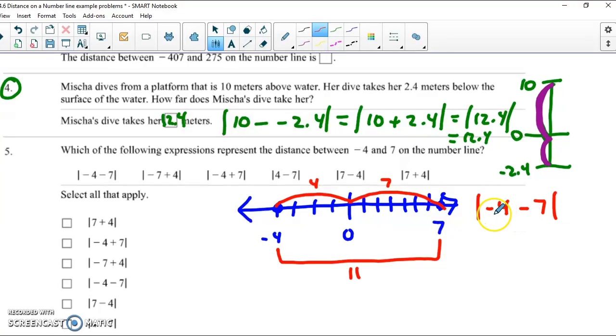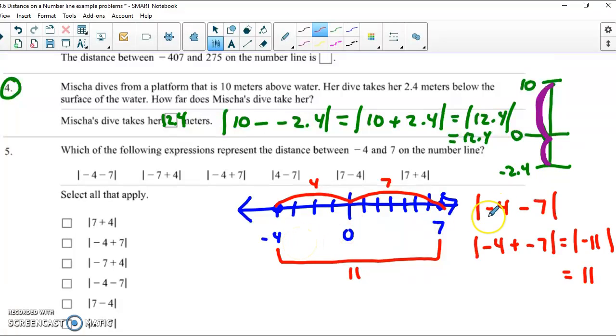I'm subtracting with negatives, so I'm going to do same, change, change, which would make this, I keep -4 the same, I change the minus to a plus, and I change 7 to -7. Now I'm finding the absolute value of -4 plus -7. I have same signs, so I'm going to add and keep the sign. 4 and 7 is 11. They're both negative, so my answer is negative. And the absolute value of -11 is positive 11, which we also found and showed on this number line.